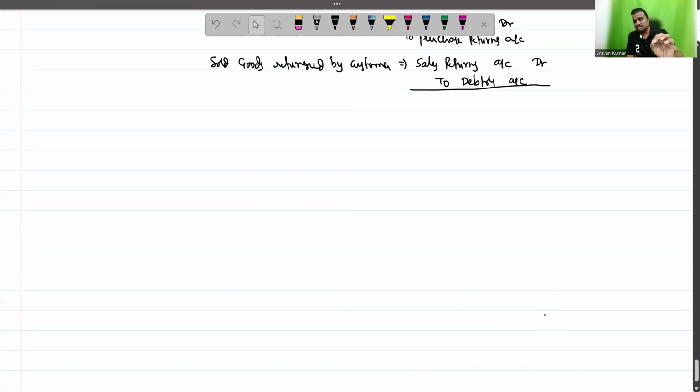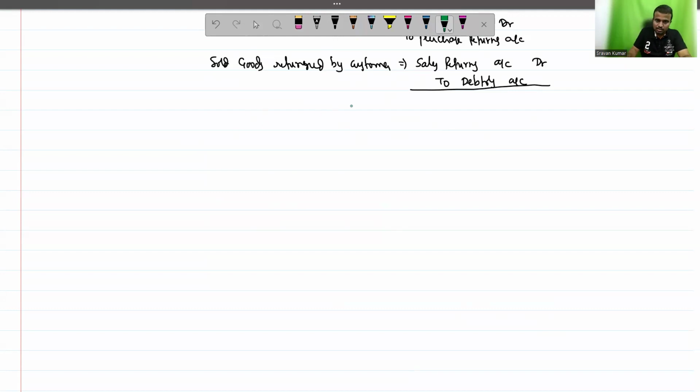Okay. And next, sometimes you purchase the goods for resale purpose. But in some cases, we use the purchased goods for another purpose other than sale. So, some special transactions. And these special transactions are relating to what?